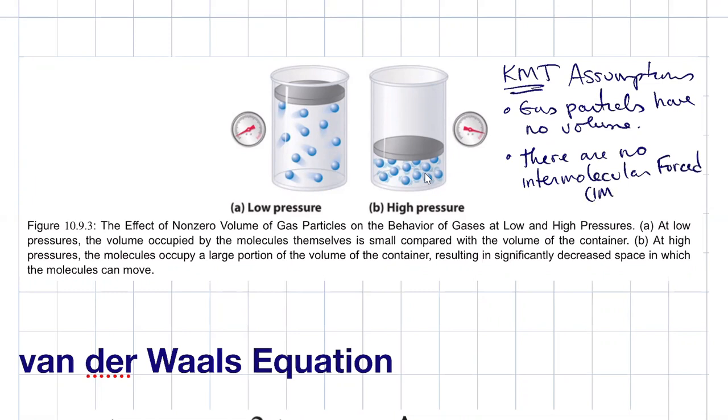There are no IMFs. What are intermolecular forces? We talked about how a particle, I'm going to draw a big particle. Here's a big particle. One side of this particle, for various reasons, might have a partially negative charge to it, while the other side of that particle might have a partially positive charge to it. We would say that that particle is polar because it has a positive and a negative side.